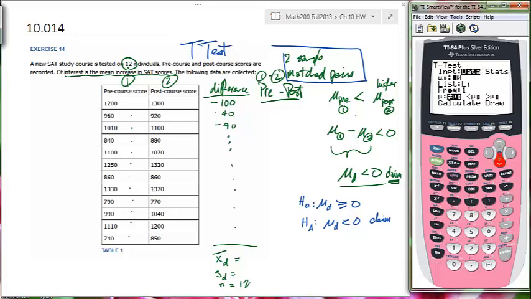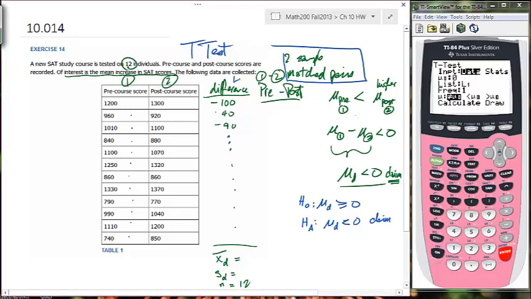And my mu sub 0, mu sub d actually, is going to be a comparison with 0, so I need to type in 0, enter. My list, remember this landed in L3, so I want to use my L3 list, so second function and the number 3. Frequency is going to be 1.